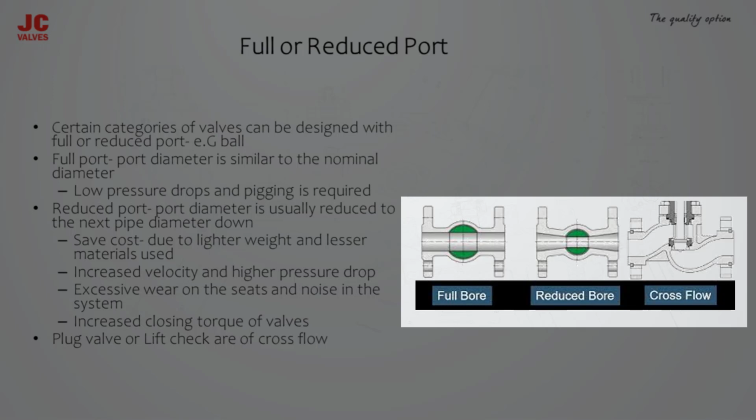It saves cost due to lighter weight and less material used. However, it increases velocity and has a higher pressure drop. There is excessive wear on the seats, and the noise in the system also increases. It also increases the closing torque of valves as the velocity increases. Plug valve or lift check valve of cross-flow.